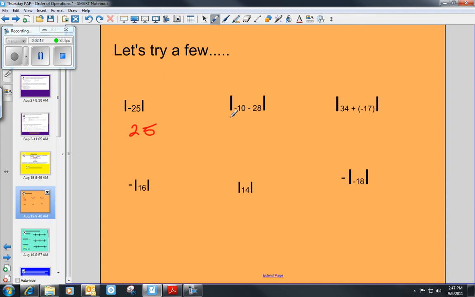So when I'm solving this, I have negative 10 and add the opposite of 28, which is negative 28. So I have negative 10 plus negative 28. Now I have the absolute value of negative 38. Remember, when we have two negatives, we add those groups together. And the absolute value of negative 38 is positive 38.